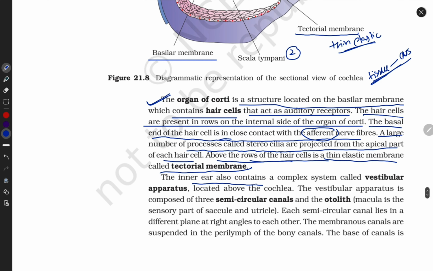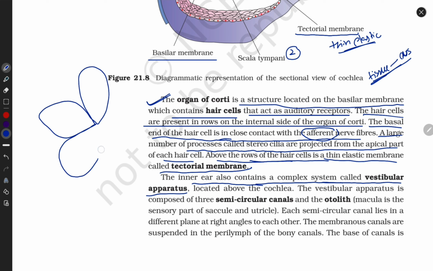The inner ear also contains a complex system called the vestibular apparatus. Look at here. Not so good. And here is the cochlea.